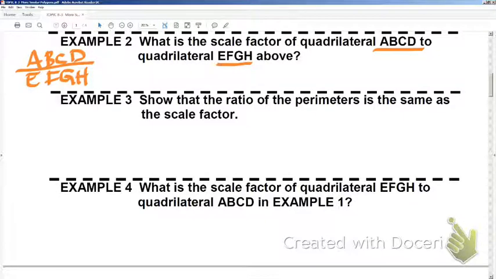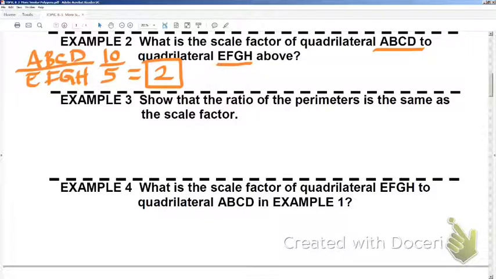So I just picked a side, AD, that was 10, just like I said before, and that corresponds with side EH, which is 5. So if I reduce that, my scale factor is 2. So that means quadrilateral ABCD is twice as large as quadrilateral EFGH.